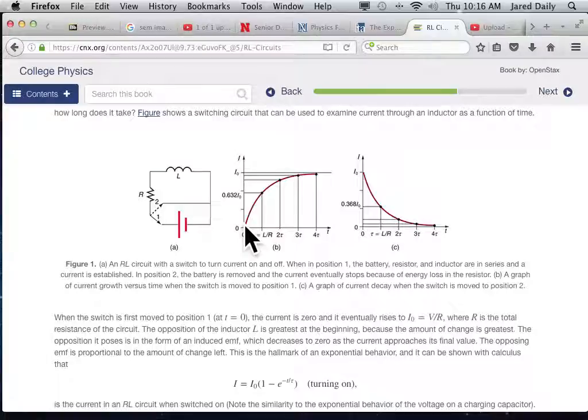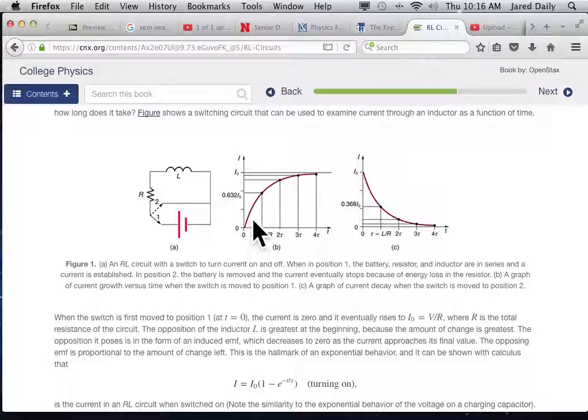Not likely. So before we turn this on, this inductor is as happy as can be. It doesn't want to see a change. But as soon as we turn on the current, we drive a current through that inductor, and it starts to build a magnetic field that goes right through itself. And do inductors like changes in magnetic field going through them? No. So the inductor will resist the change.